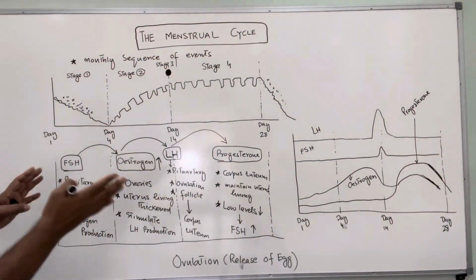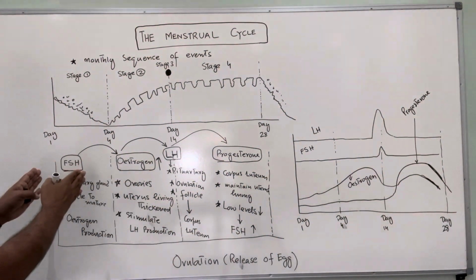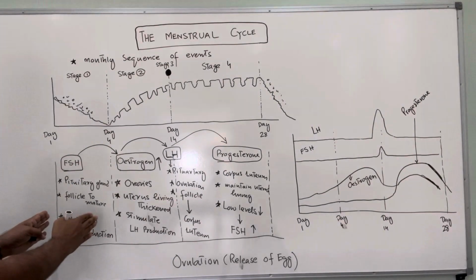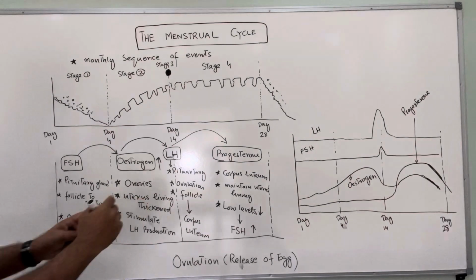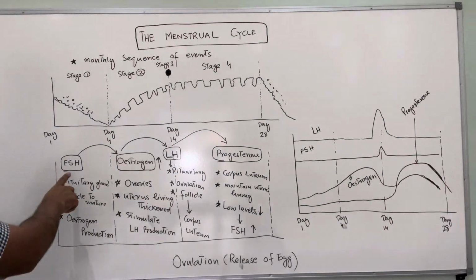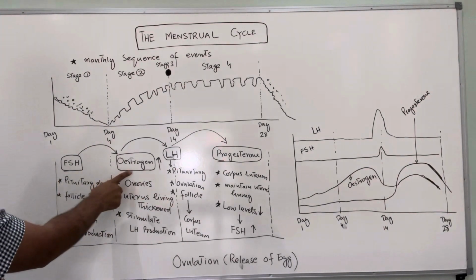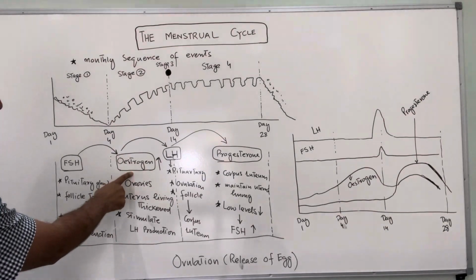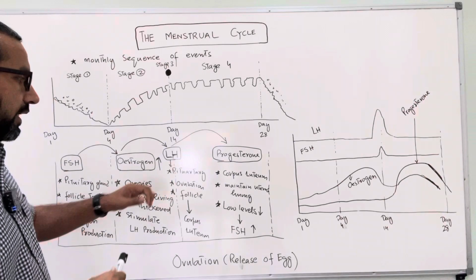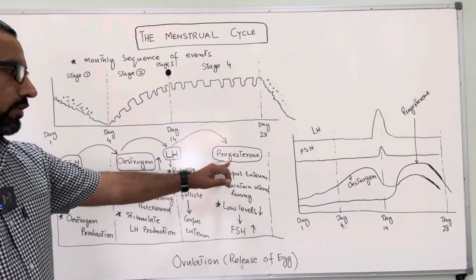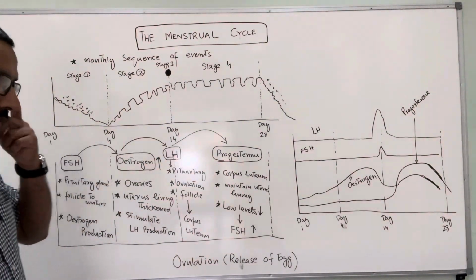So all the previous hormones are stimulating the production of the next hormones.